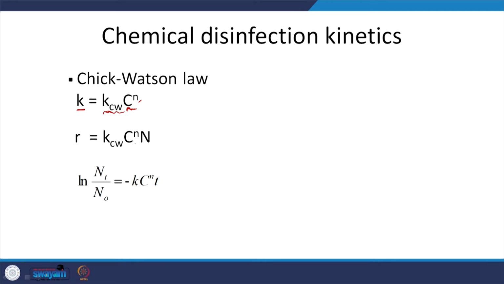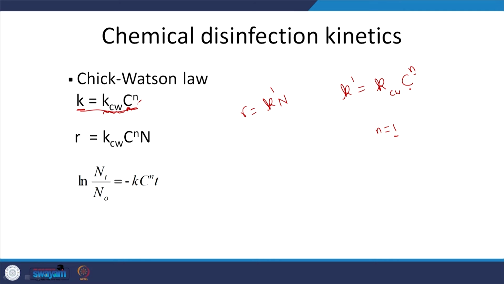So, you can say that R equal to K dash N, where K dash is equal to this inactivation constant times the concentration of the disinfectant raised to the power of n. n was the dilution factor, right. So, what is the relevance of n? I guess when n is equal to 1, both concentration and time are equally important. Okay. So, maybe we will look at this here and then discuss that.